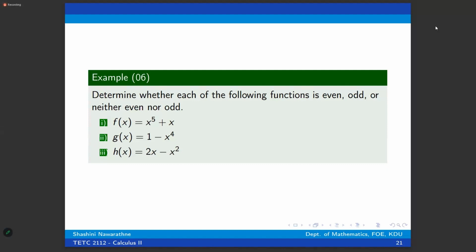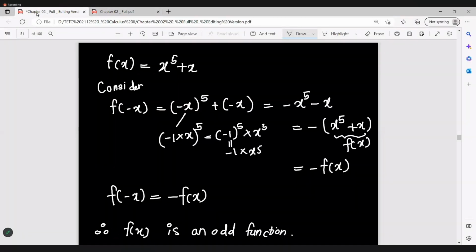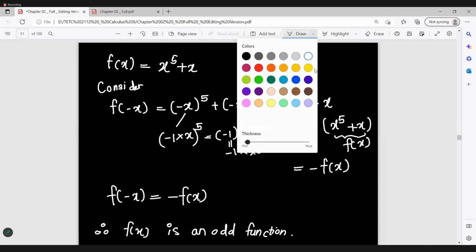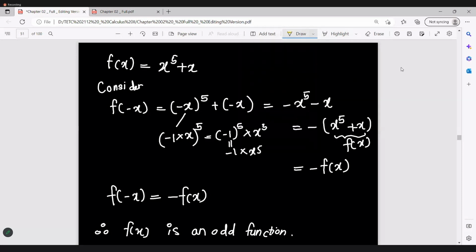So let's see this example, the second one. The function is given as g of x is equals to 1 minus x to the power 4.